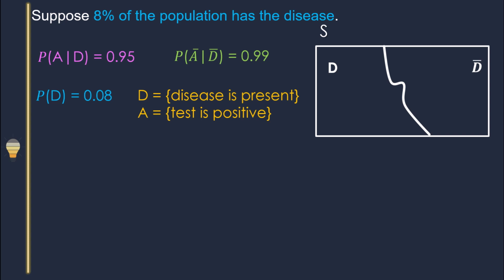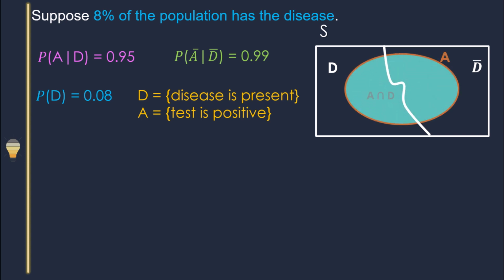Therefore, I can draw A like this for both parts. Now A has two portions, or two parts. One is A intersection D and the other one is A intersection D complement.